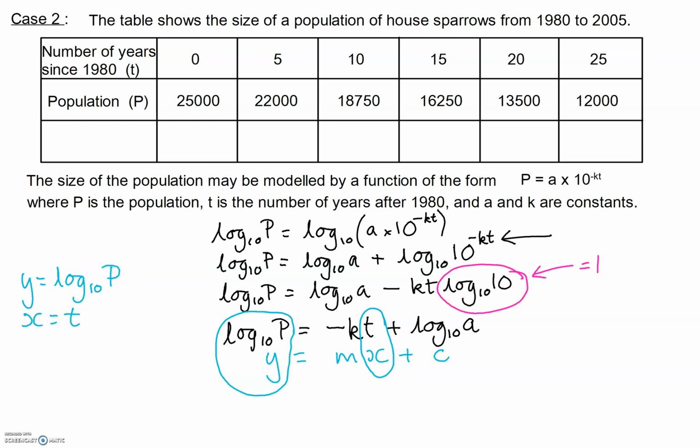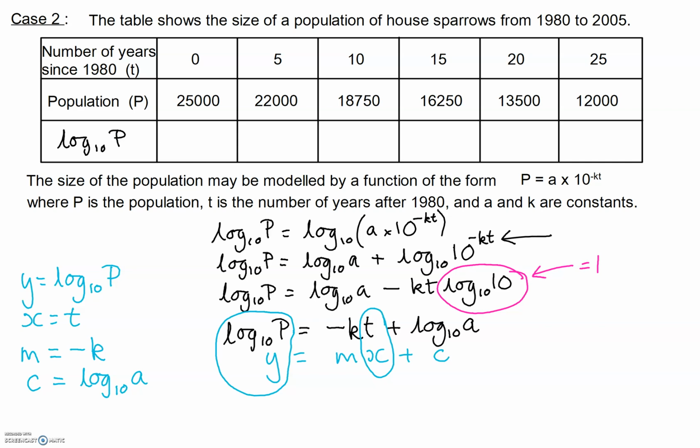We then know that the gradient m is going to be negative k, and we know that the constant c is going to be log to the base 10 of a. So that answers the question of what we need to find in our third row. We don't need to log t because x is just t, but we do need to do log to the base 10 of p.